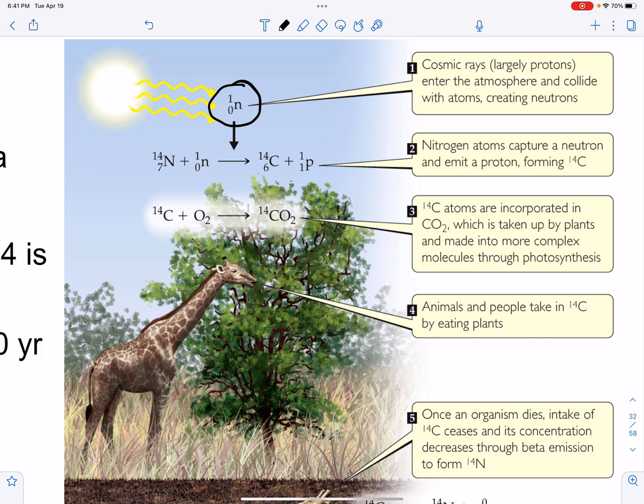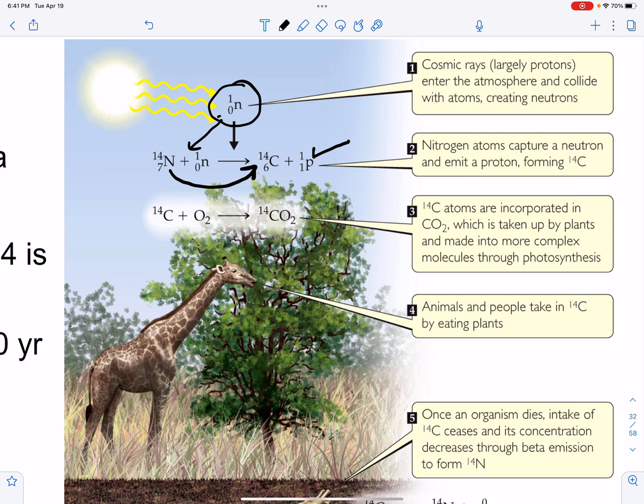Most of our atmosphere, the majority of the air around us, is nitrogen, so those neutrons are going to bombard the nitrogen in the atmosphere, transmutating the nitrogen into carbon-14 and one proton.